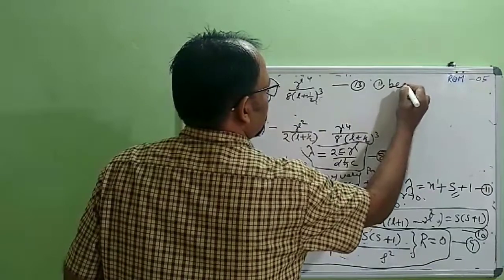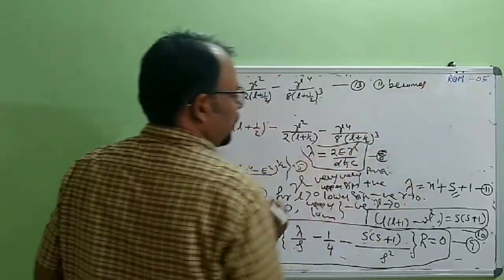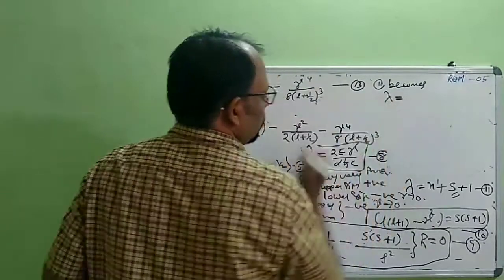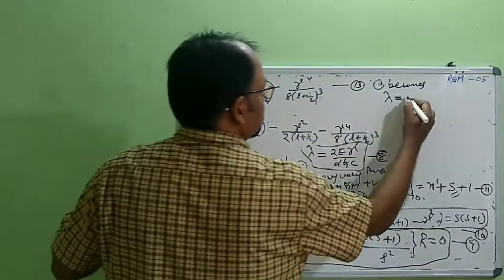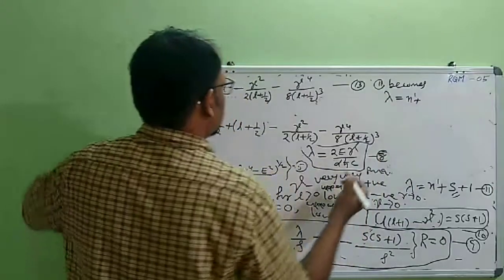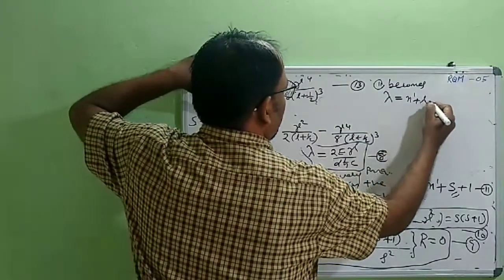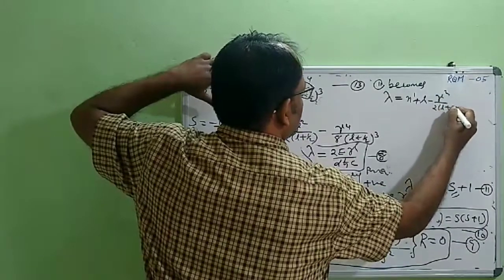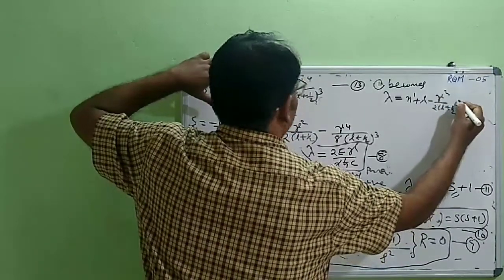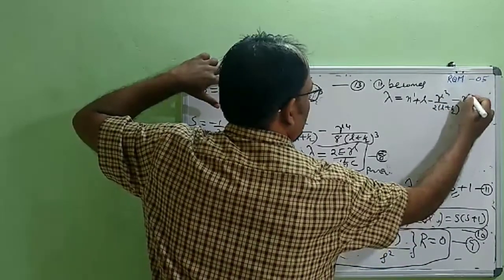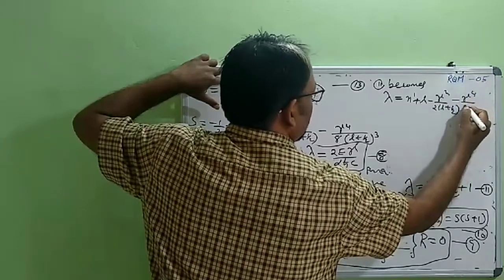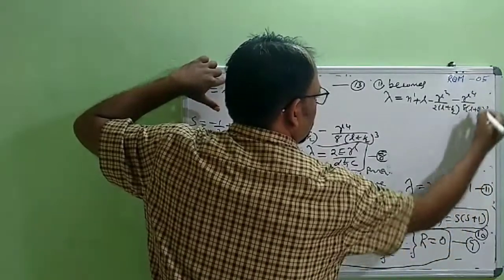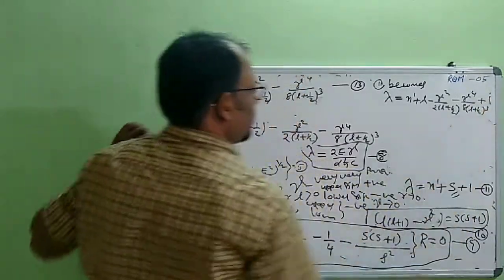Equation 11 becomes lambda is equal to n dash plus L minus gamma square by 2 into (L plus half) minus gamma raised to 4 by 8 into (L plus half) the whole cube plus 1.